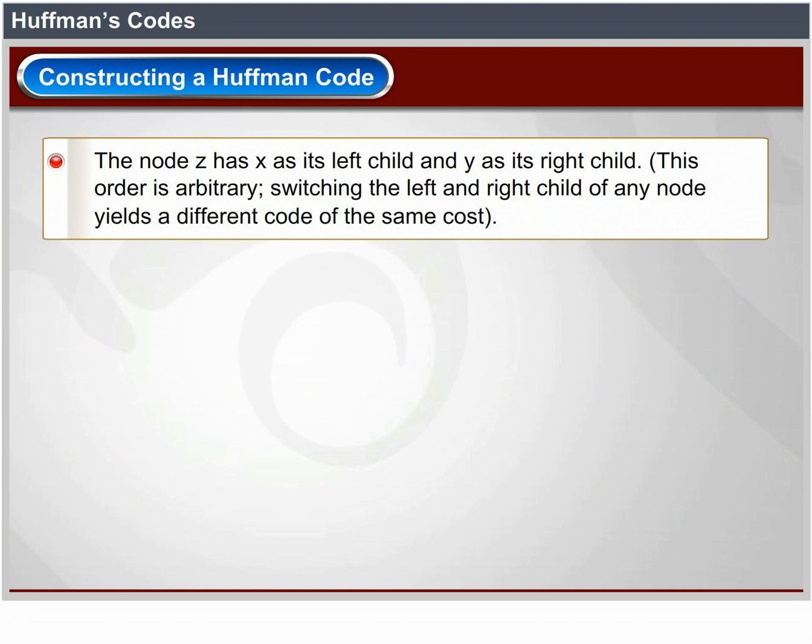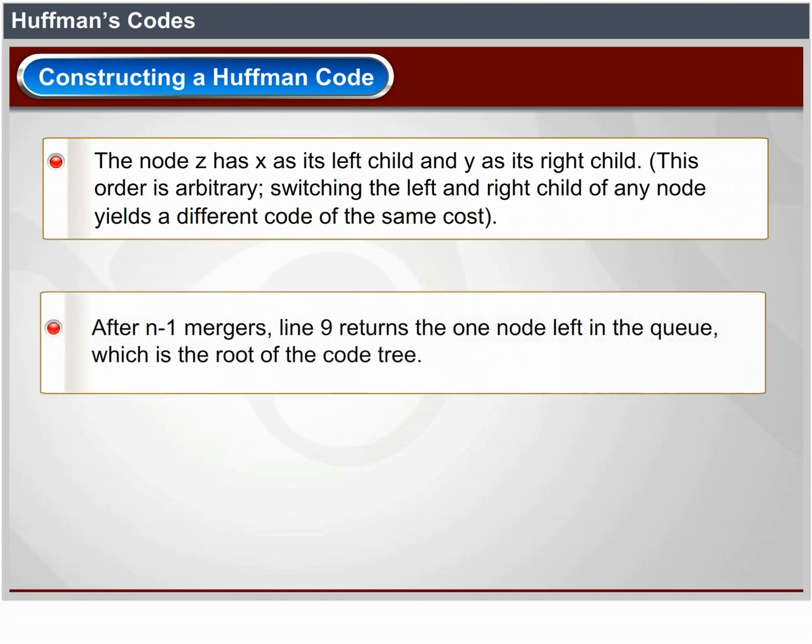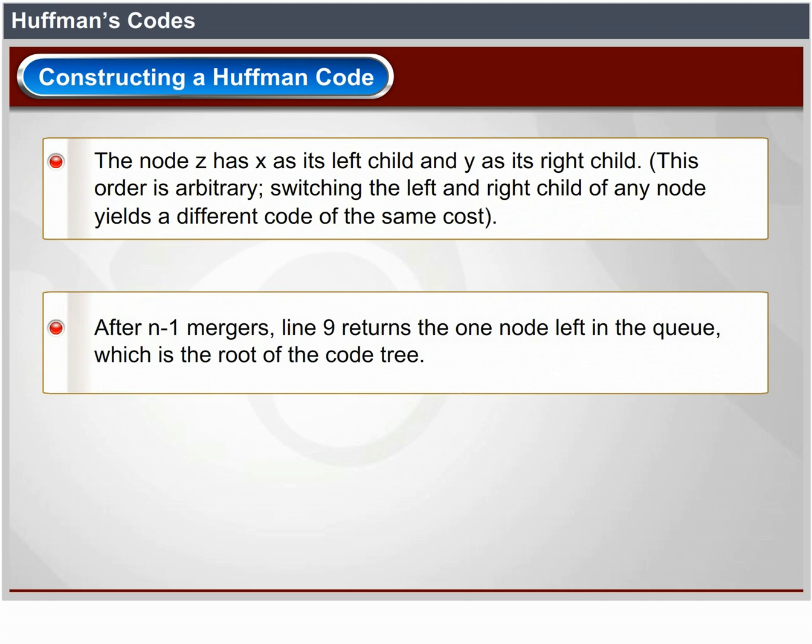This order is arbitrary. Switching the left and right child of any node yields a different code of the same cost. After n-1 merges, line 9 returns the one node left in the queue, which is the root of the code tree.